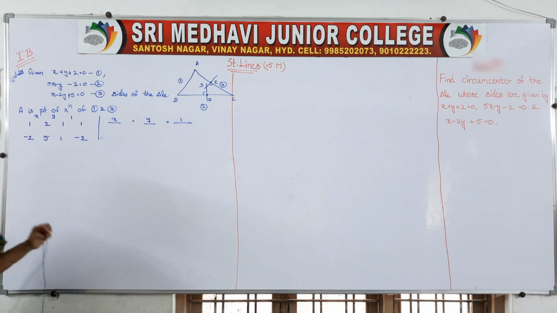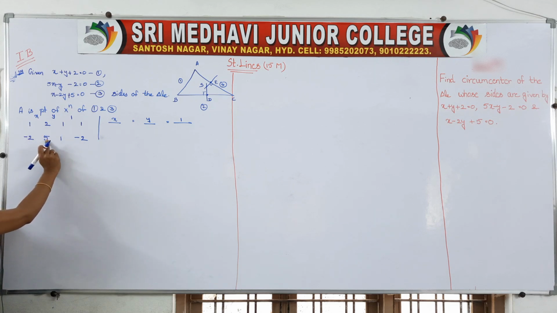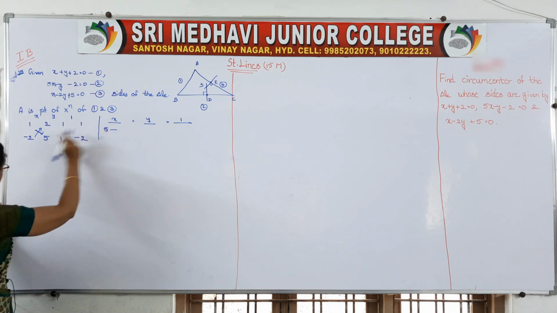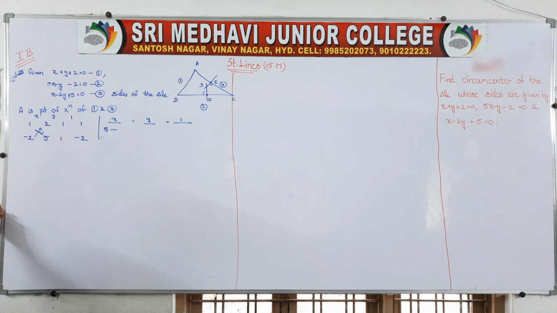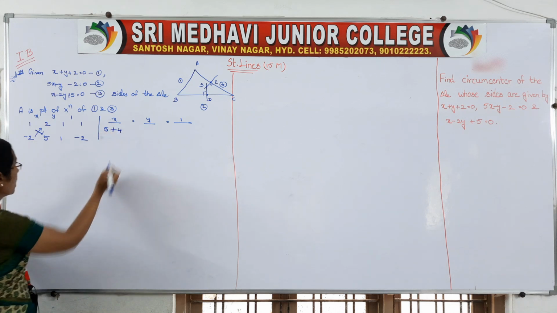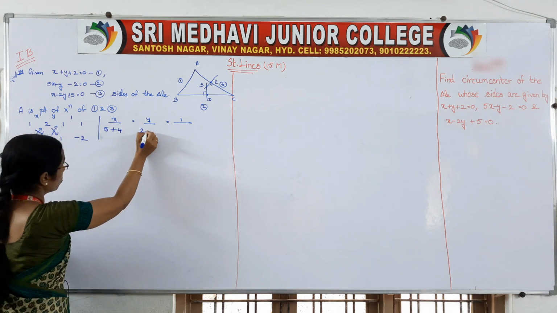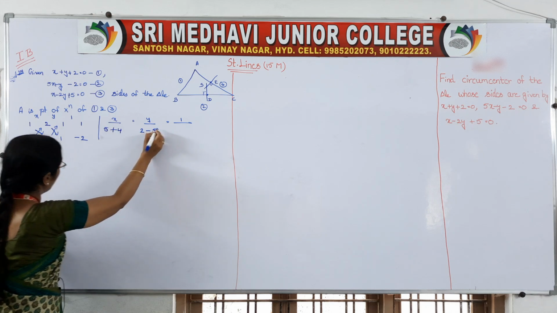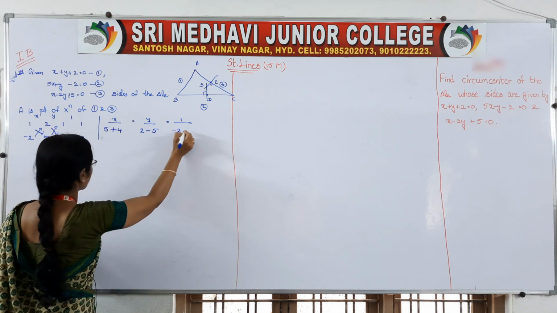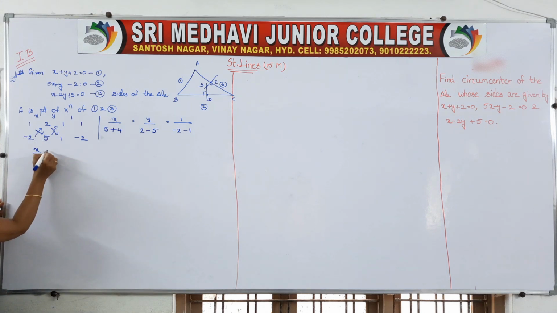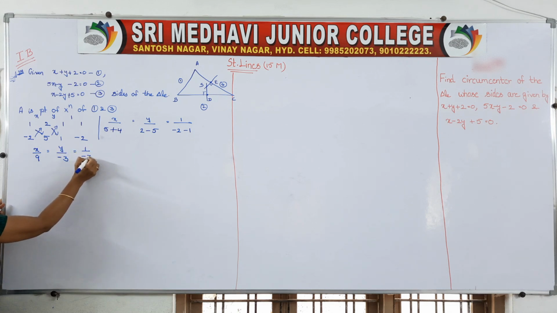This is called the cross multiplication method. This into this minus this into this: 1 into 5 minus 2 into 2 is minus 4, and minus of minus is plus 4. Similarly, 2 into 1, 2, minus 5 into 1, 5. Next, minus 2, minus 1. So it is x by 9 equals y by minus 3 equals 1 by minus 3.